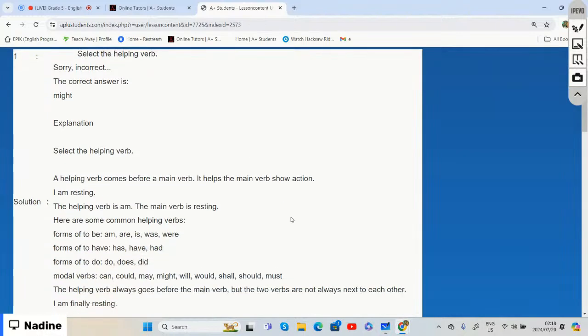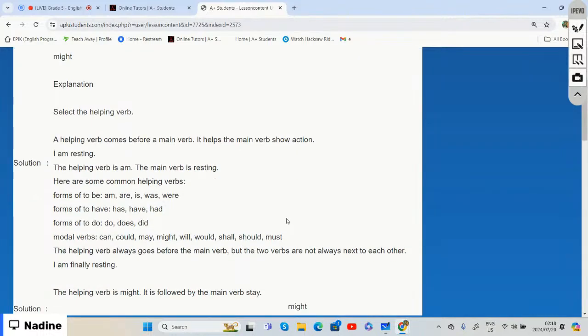All right. And once again, we said with helping verbs, we have some common helping verbs. We have the ones that it forms to be, forms to have, and forms to do.